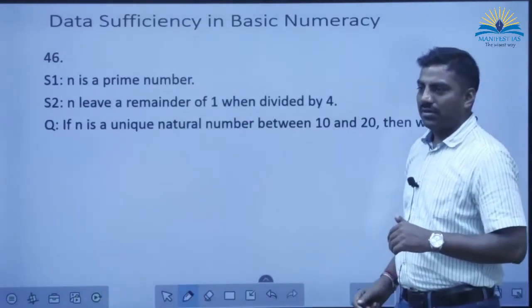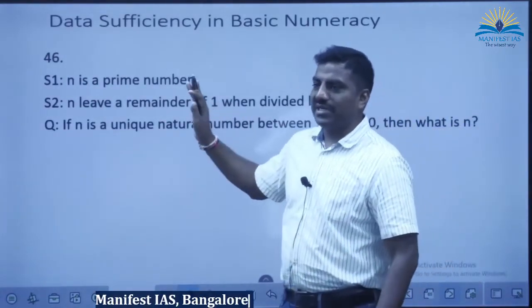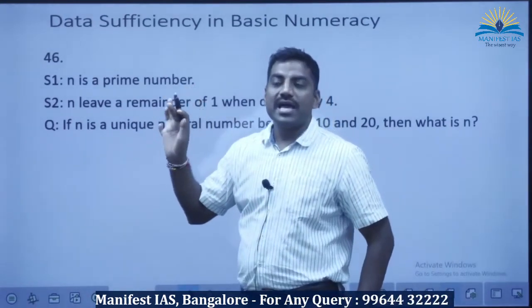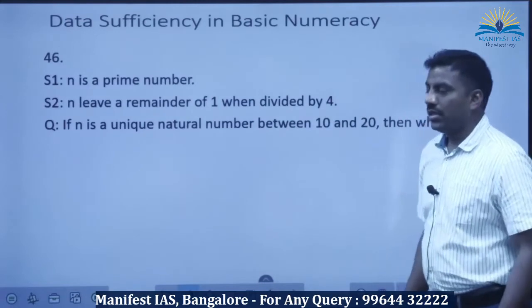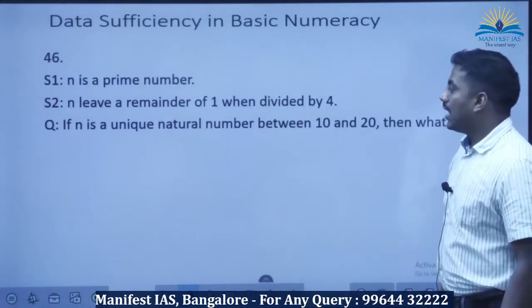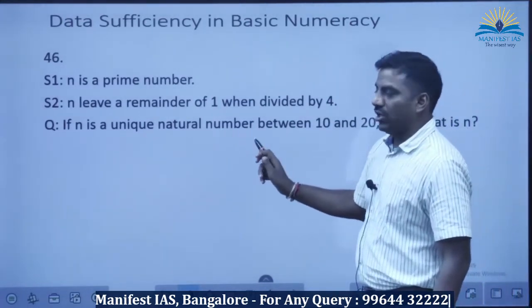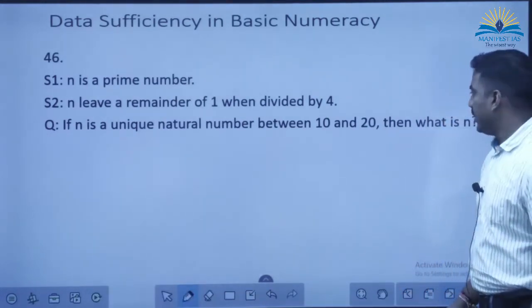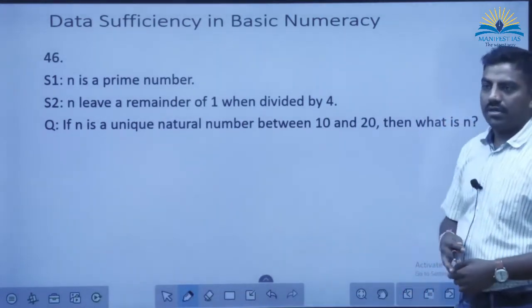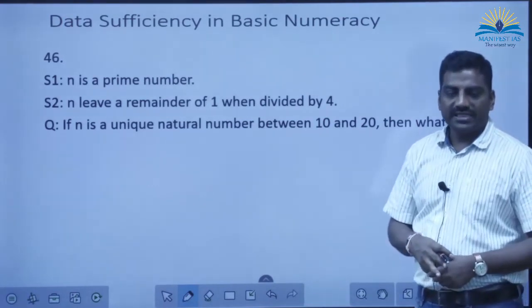N is a prime number. Don't go for the second statement at all. If N is a unique natural number between 10 and 20, then what is N? N is a prime number.